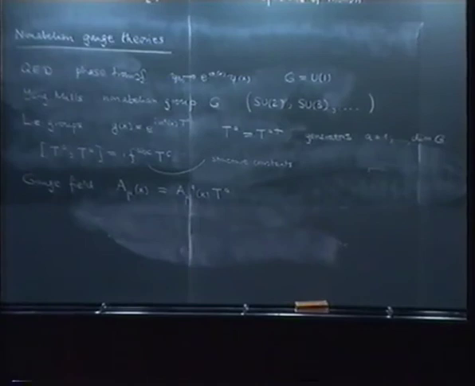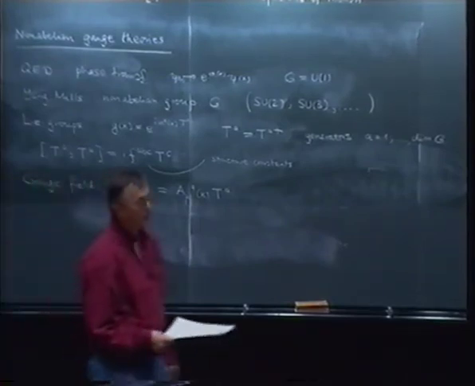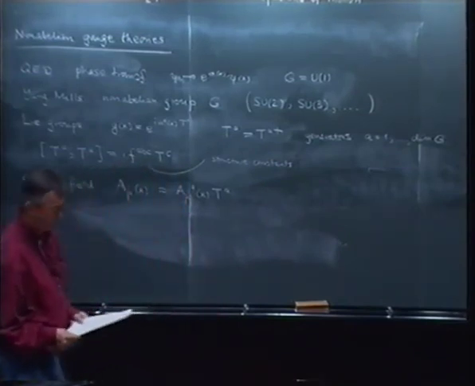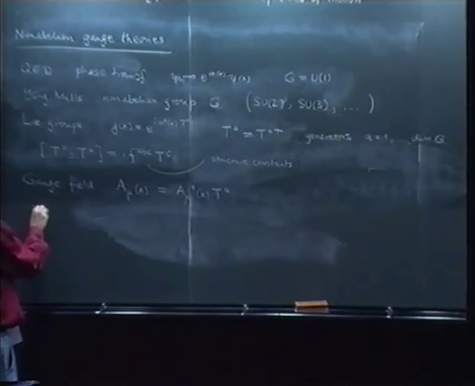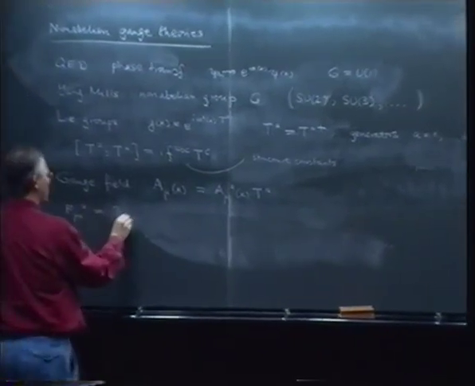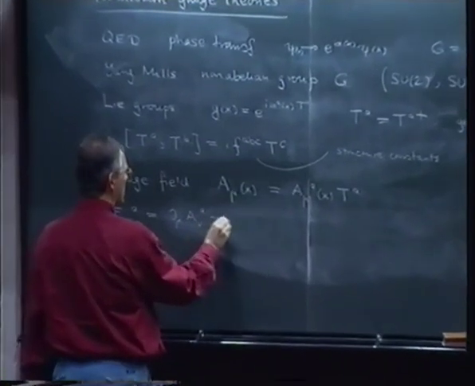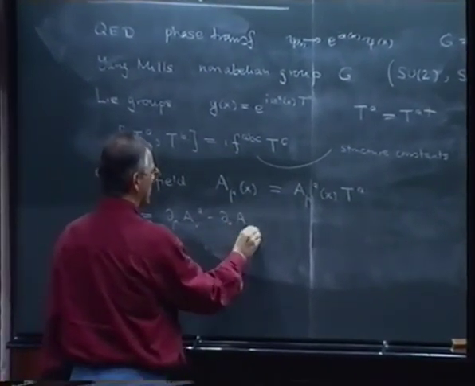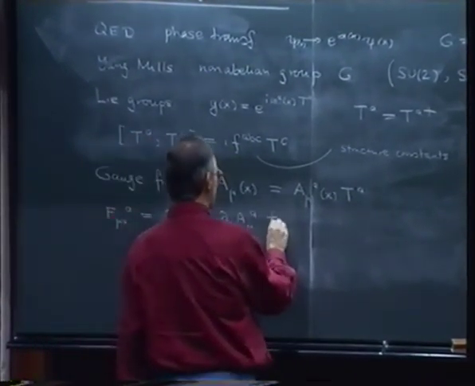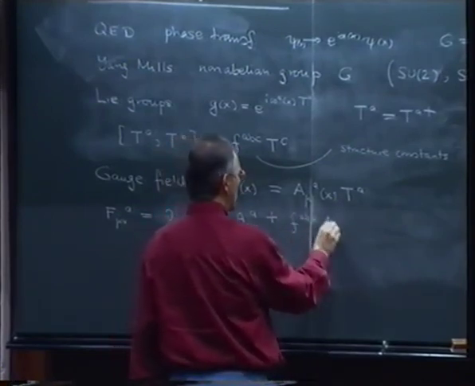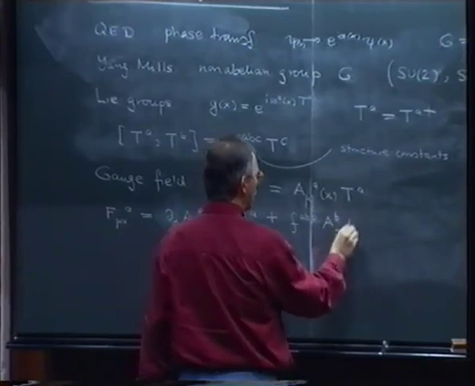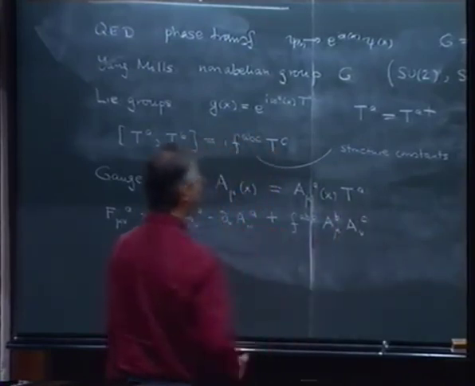And then we have a generalization of this field strength of the abelian theory, which is as follows. F_mu nu^a is now d_mu A_nu^a minus d_nu A_mu^a plus or minus some coupling constant, which I set equal to 1, times f^{abc} A_mu^b A_nu^c.